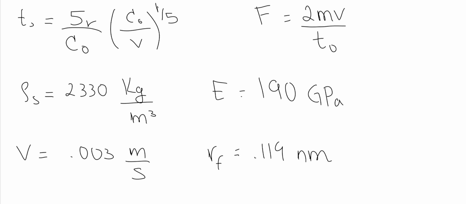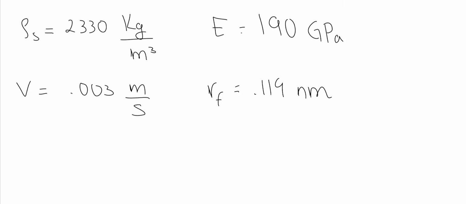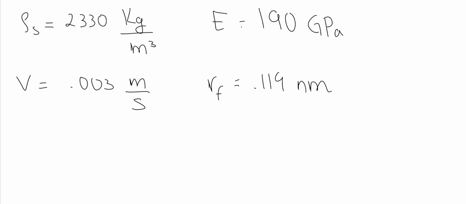Let me take a quick count. Yes. So to begin, what does C0 equal? C0 is the wave speed, and the wave speed is equal to the square root of our elastic modulus over the density.